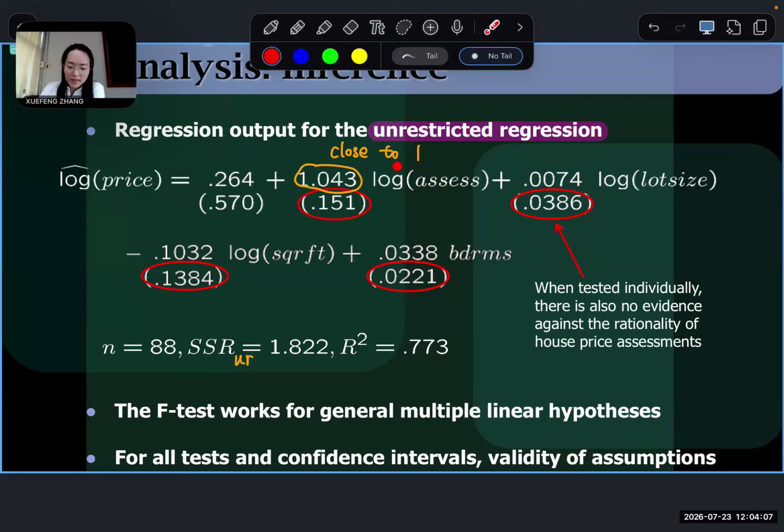That means if we use individual t-tests, we wouldn't reject beta equals 0, okay? Each individually close to 0 and insignificant. If we use the t ratio for each variable, they are insignificant. So even one at a time, nothing here contradicts rational assessment. This matches what the joint F-test told us.